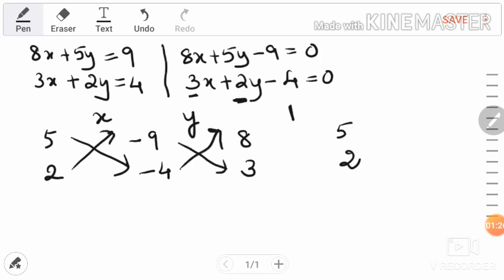Now placing the arrows, x upon the downward arrow is the first product.